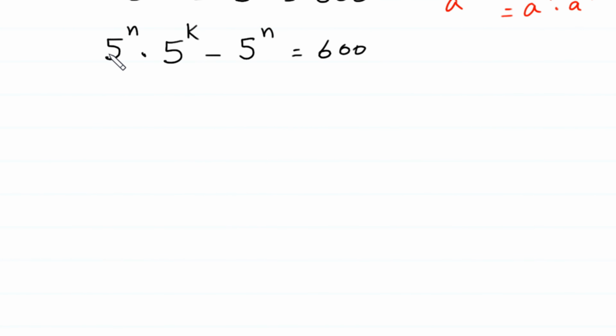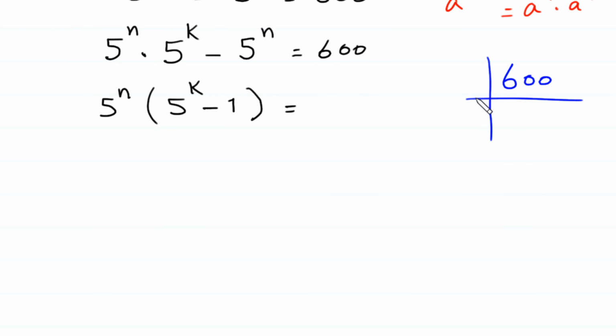Next, we can factor out 5 to the power n from here. 5 to the power n times, in bracket, 5 to the power k minus 1 is equal to, and if we factorize this 600, 600 is divisible by 5. 5 one time, 5 two times 10, and 5 0 times 0.